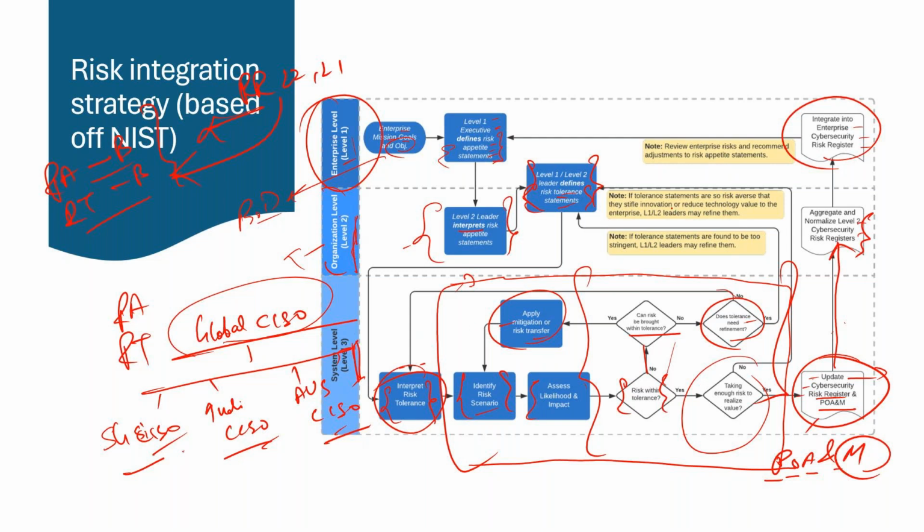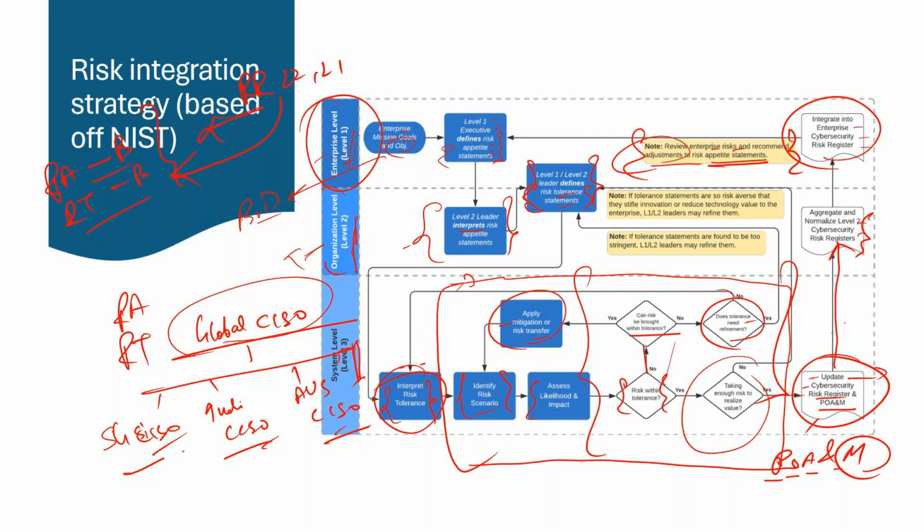So in those cases, the recommendation would be going through to level 1, be it enterprise level or organization level. There would be a recommendation going in that we really need to review the enterprise risks and recommend adjustments to the risk appetite statements, that this is something not practical at the moment, and we really cannot meet it probably for the next 2 to 4 years, and hence we would need to amend, or reiterate, the risk appetite and risk tolerance statements.